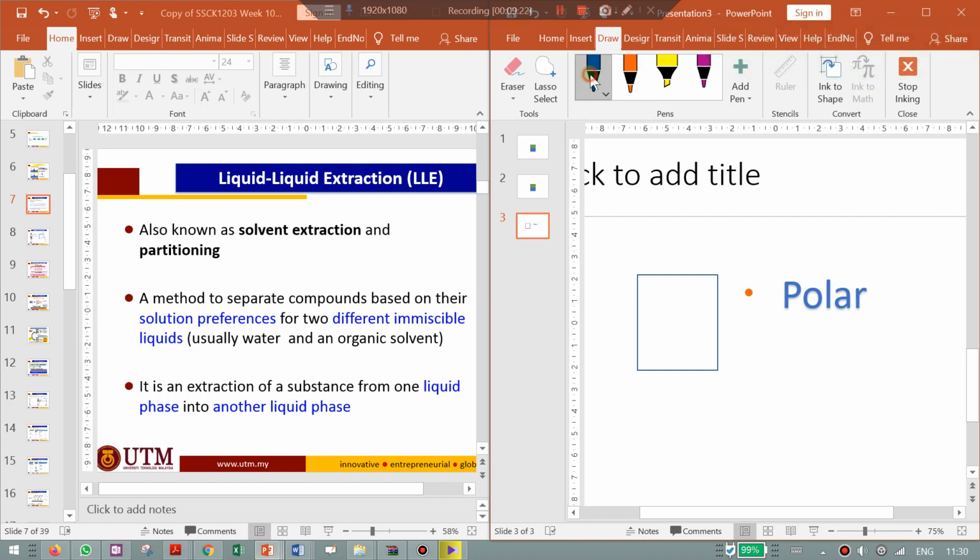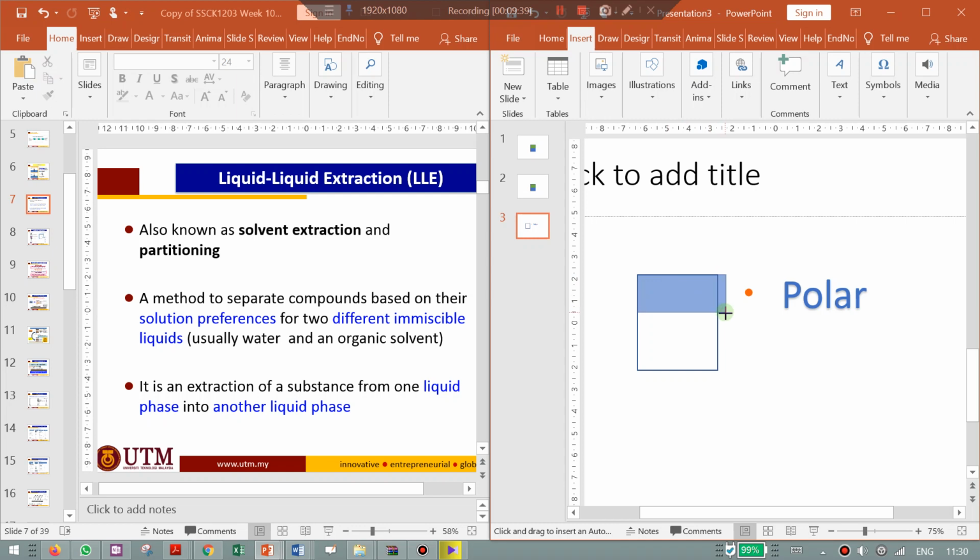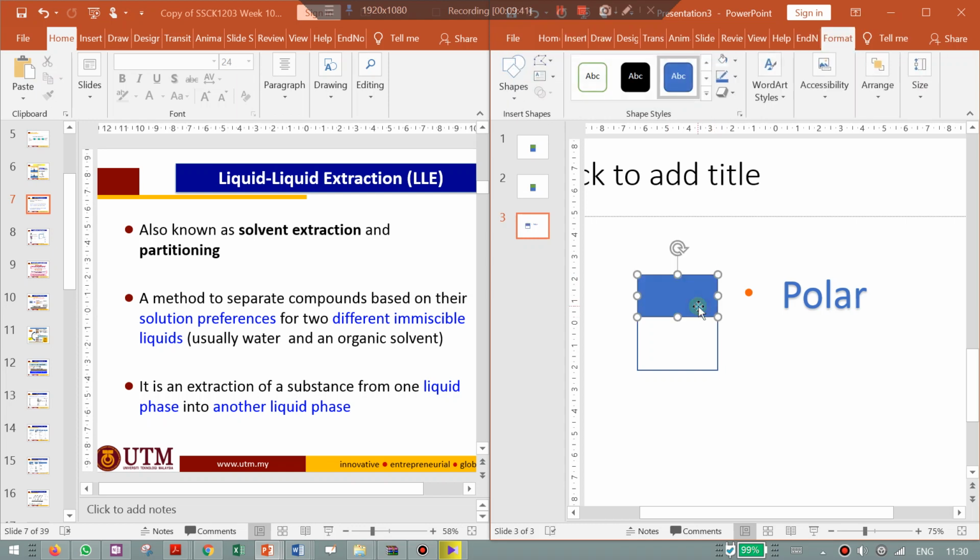So how can you improve? Because we know that if we use water, the density of water is very high, right? So what kind of solvent can you use so that the water will be at the top layer?